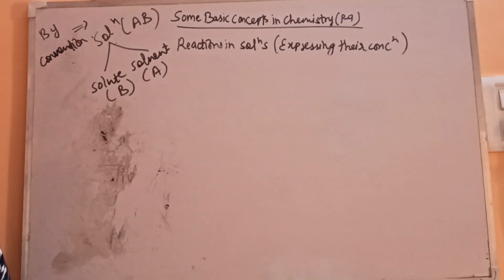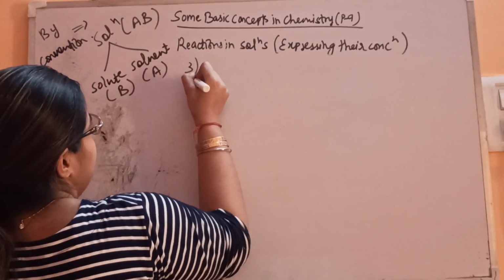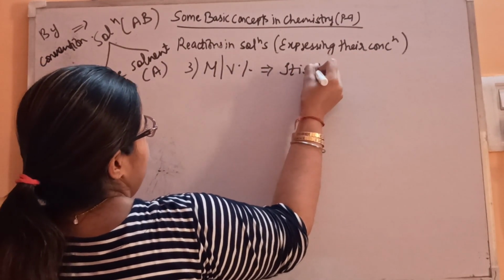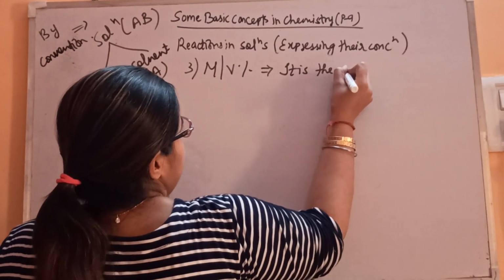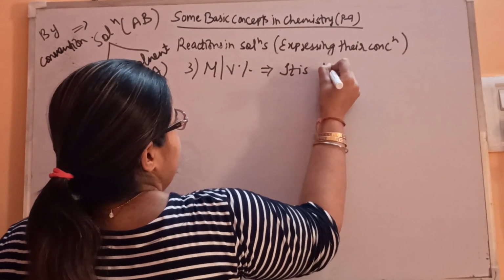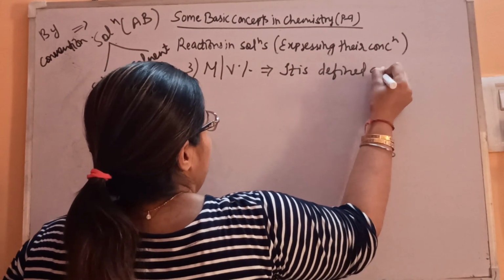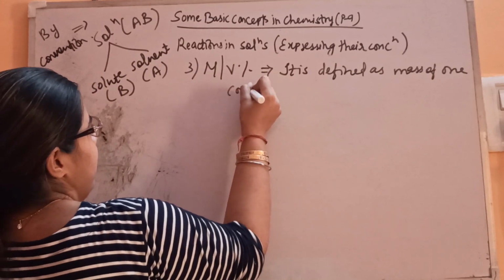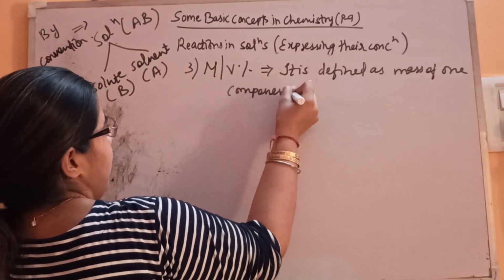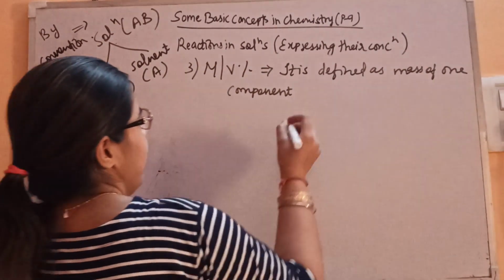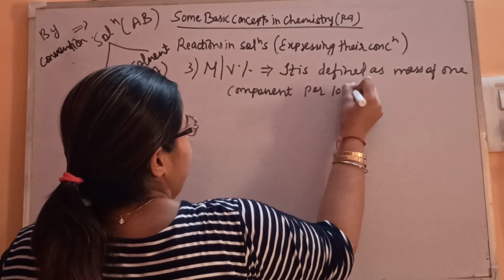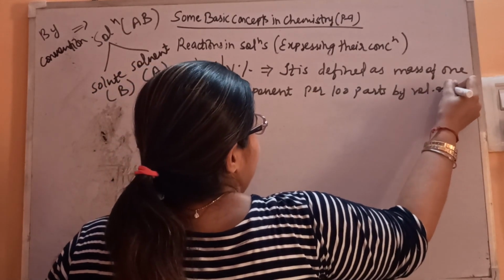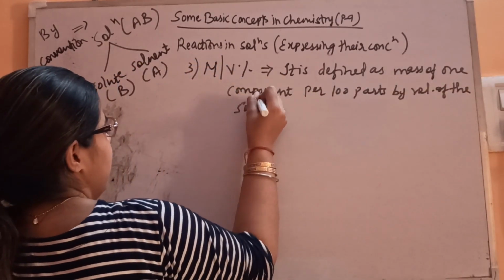So let's see mass by volume. Third, mass by volume percent. It is defined as mass of one component per 100 parts by volume of the solution.